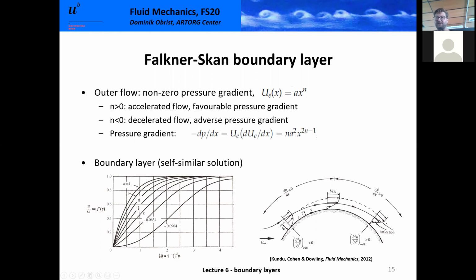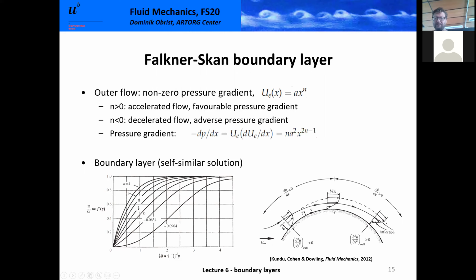It has to flow faster. Otherwise, mass conservation could not be satisfied. So we have an accelerated flow on the upstream side of objects. And on the downstream side of the objects, we have a decelerated flow.